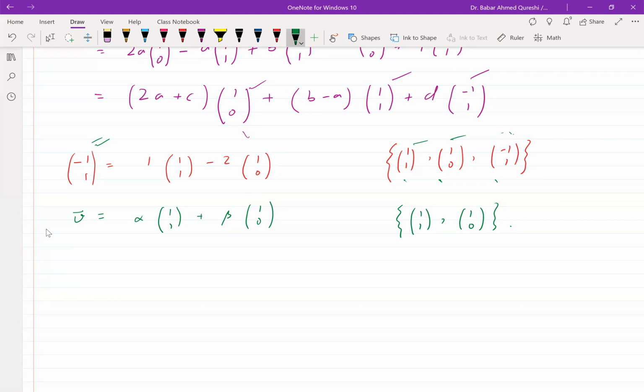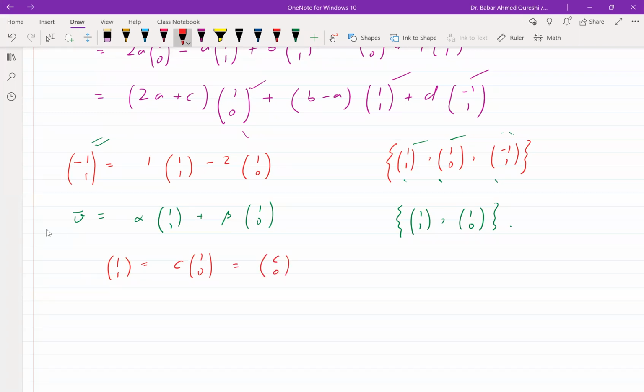We can very quickly check that, well, first of all, can I delete one more? To do that, I will have to check, can I write (1, 0), for example, as some combination of (1, 1), or (1, 1) as a combination of (1, 0)? I can't, because all I can do, I'm given only this guy, I can multiply it with some number, let's say C, but that's just going to give me C, 0 over here.